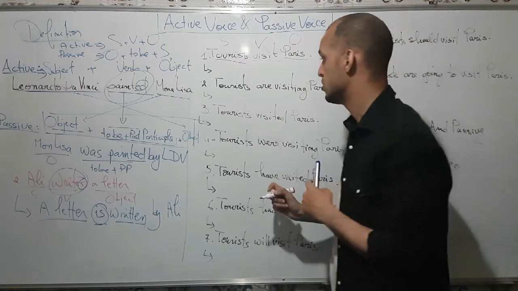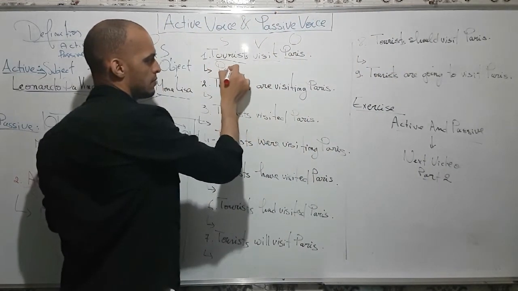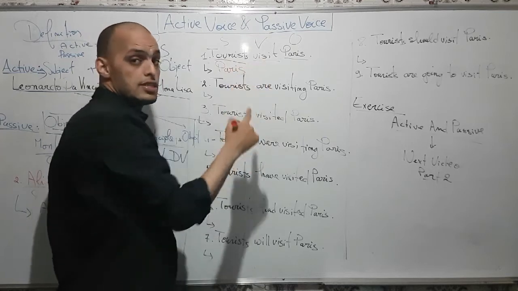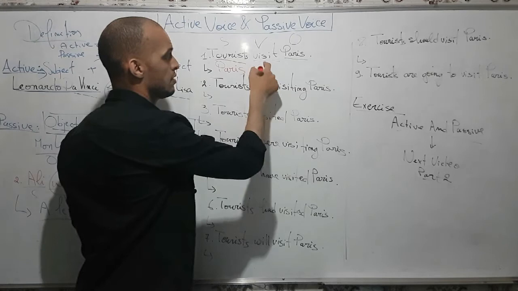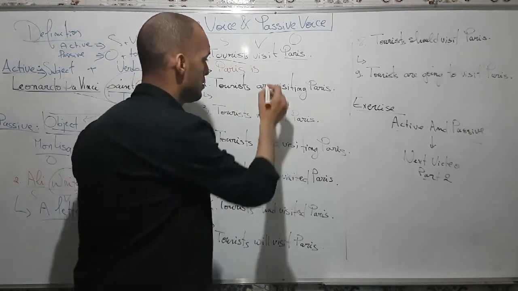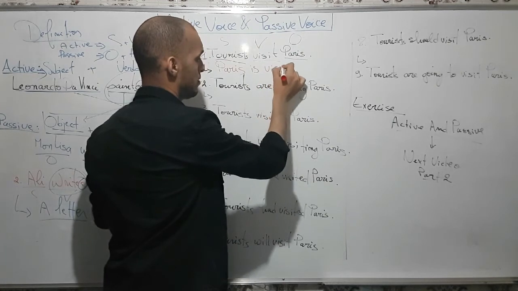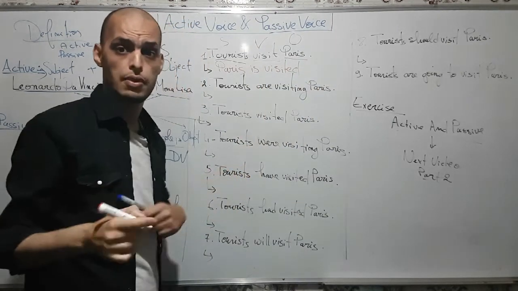Okay, so we start with Paris. Visit is in the present, so Paris is, past participle of visit is visited. Paris is visited by who?